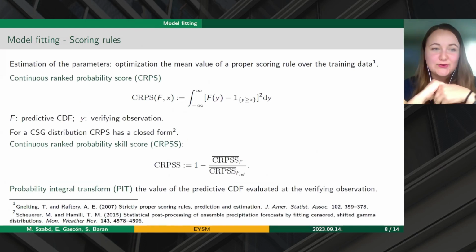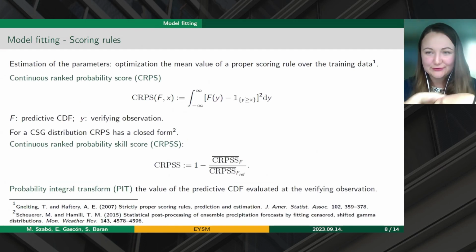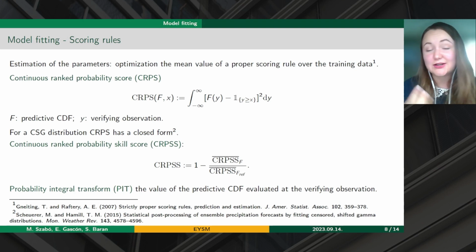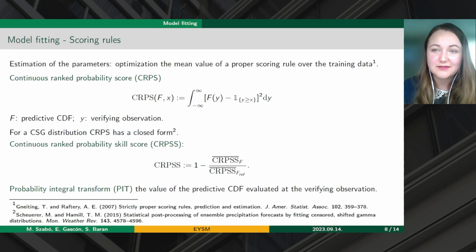Right, and so going forward with the model fitting, to estimate these five parameters, we need to optimize over the mean value of a proper scoring rule. This is set in the literature, and the most widely used proper scoring rule is the continuous ranked probability score, or CRPS for short. As you can see here, it includes the predictive CDF that we have chosen and the verifying observations.